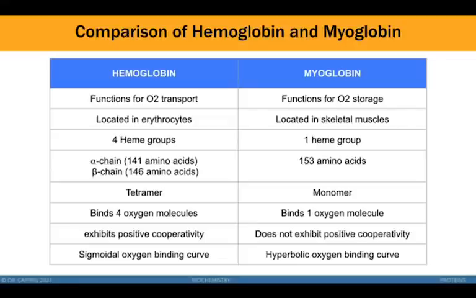Therefore, it binds to four oxygen molecules. But myoglobin only binds to one oxygen molecule. Hemoglobin exhibits positive cooperativity, while myoglobin does not. Hemoglobin has a sigmoidal oxygen binding curve, while myoglobin has a hyperbolic oxygen binding curve.